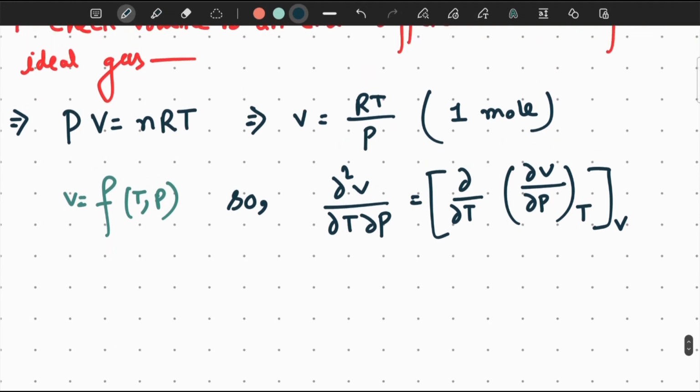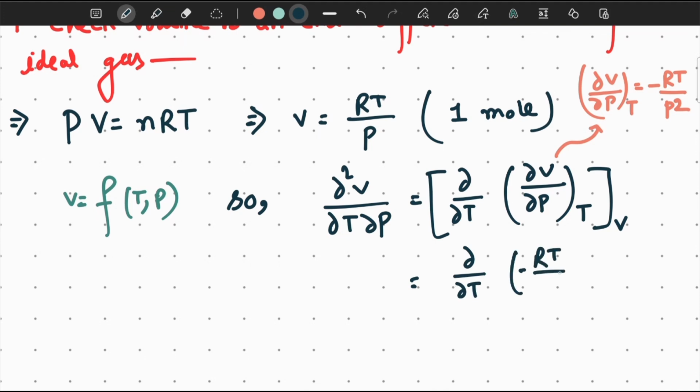The first part, del V del P at constant T, from here it is clear that it is minus RT by P square. Clear? So just put it. So del T of minus RT by P square at constant V. No V is there eventually, so it will be just minus R by P square.